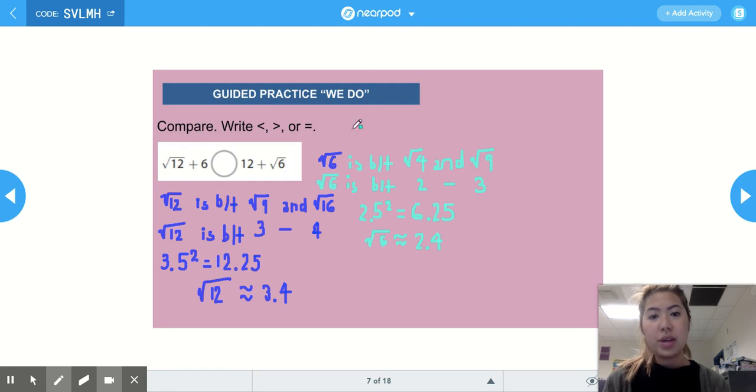So from here, we have the square root of 12 plus 6, and we estimated that the square root of 12 is around 3.4, so we have 3.4 plus 6, which is equal to 9.4. Then we have 12 plus square root of 6.